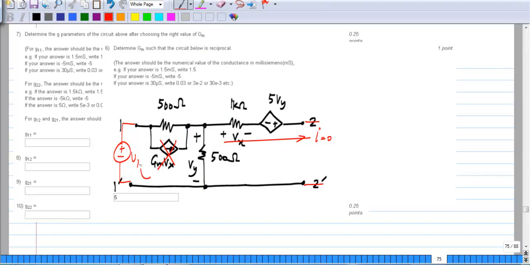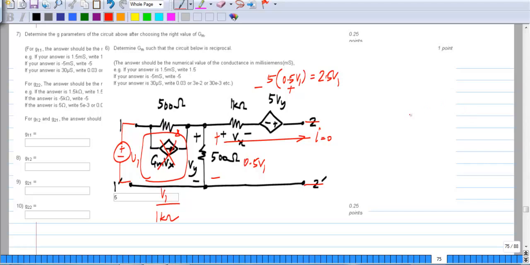So current V1 divided by 1 kilo ohm, which is a series combination of these two, flows this way, and Vy will be half of V1. And this voltage here is 5 times Vy, so this is 5 times half of V1 or 2.5 times V1.